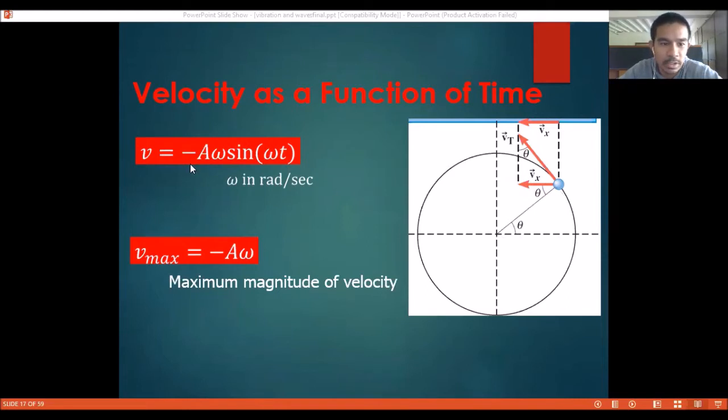So again, velocity is expressed as negative amplitude times omega times sine omega t. Omega here is the angular frequency or angular speed. It should be expressed in radians per second. Since the sine of omega t ranges from negative 1 to 1, the maximum magnitude of velocity is A omega.